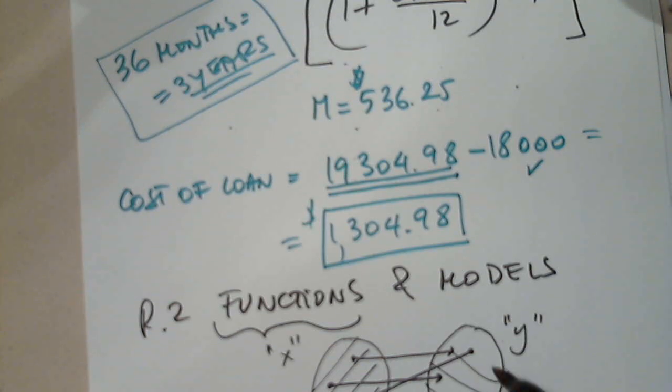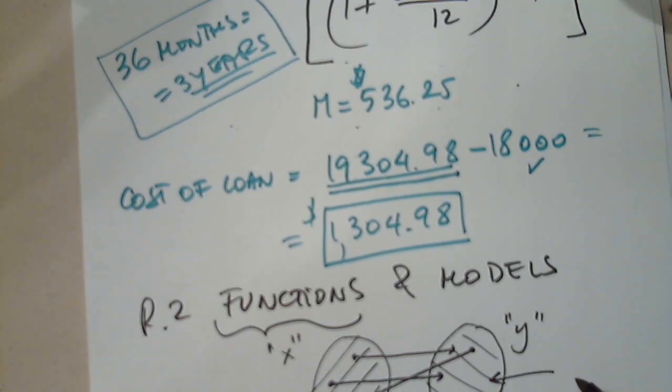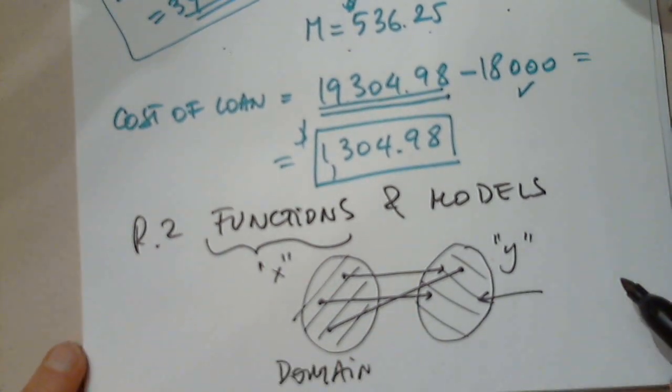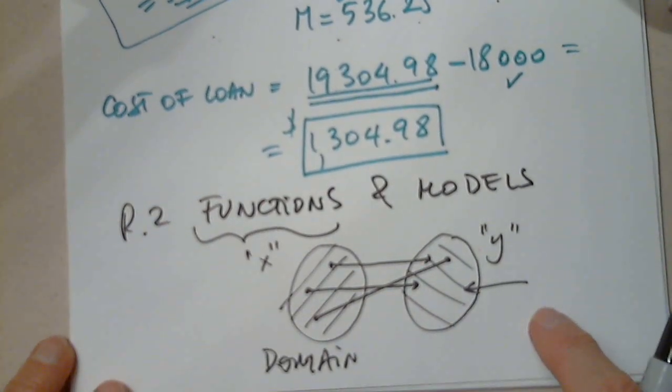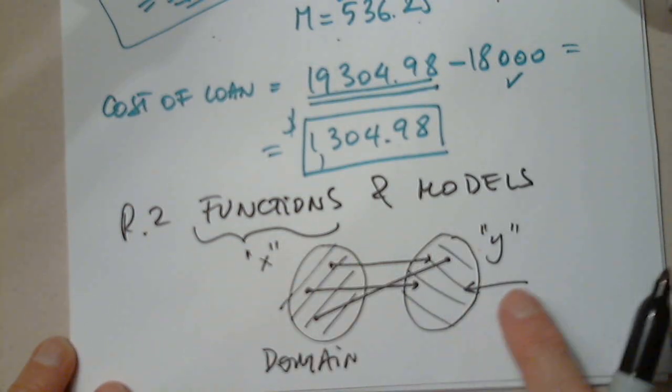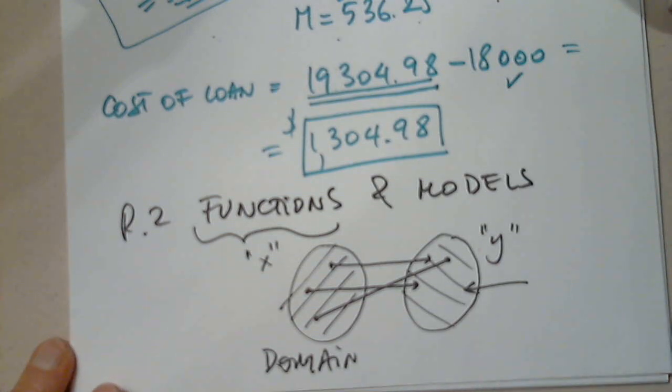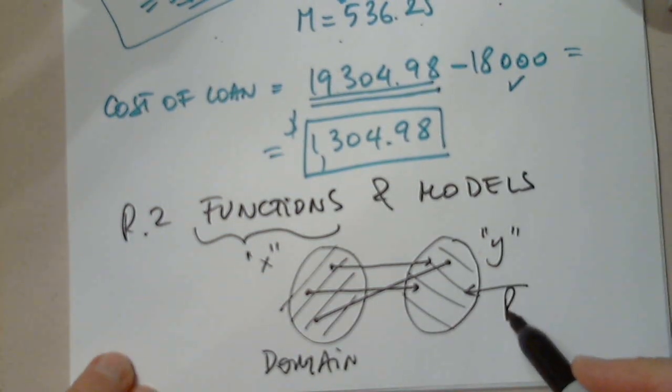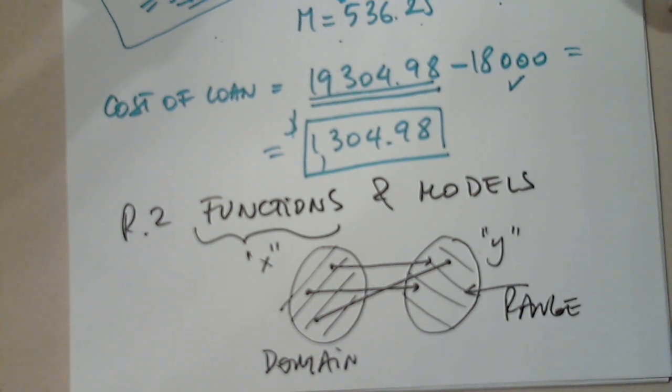And this is, anyone remembers what is this called? So this is the domain of the function, and this is where the y values are. What is it? The range. The range. Good.